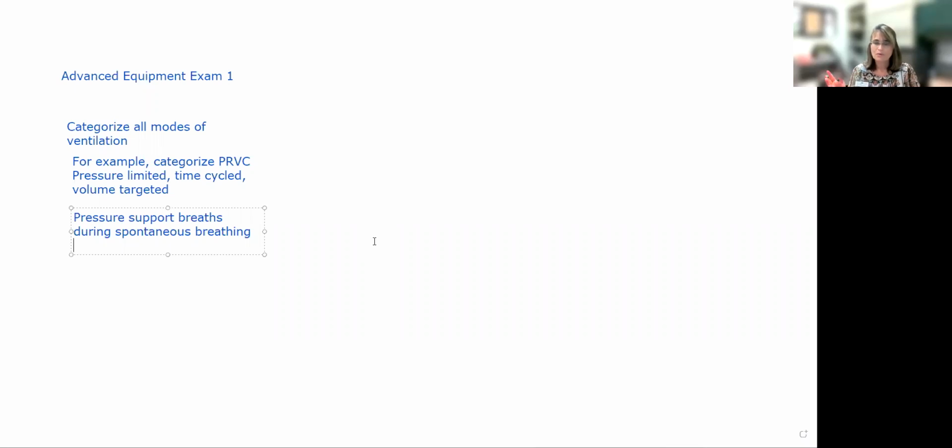So in pressure support, we set the amount of pressure support. But the way that a pressure support breath ends is when the flow going into the lungs slows down. The ventilator knows that the patient is finishing up their inspiration. So flow diminishing, or flow cycle, is what ends inspiration with pressure support.